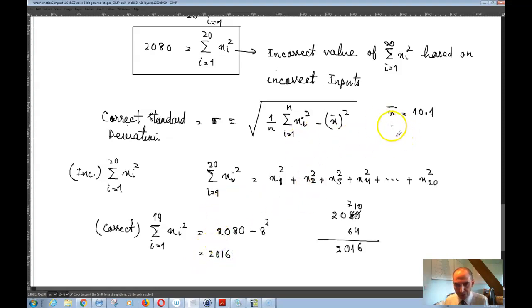So over here I can write sigma of x of I squared as I goes from 1 to 19 is equal to 2016. So now I have the value of x of I squared, I have my n, I have x bar, and everything that I need. So now I can calculate my sigma.